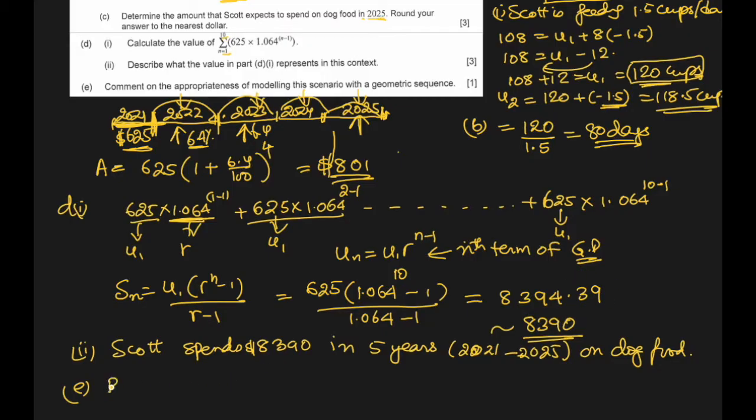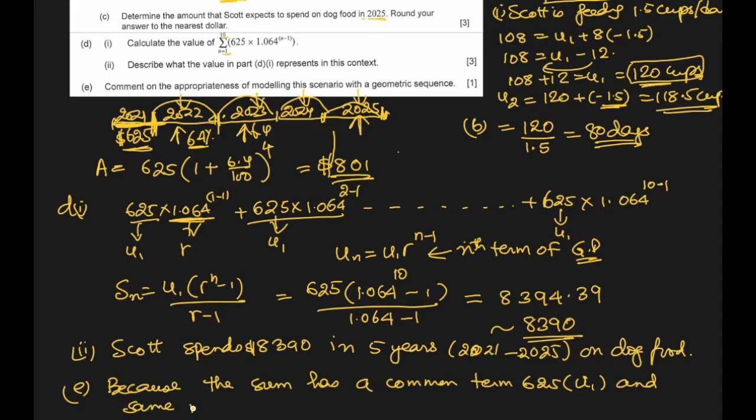So because the sum has a common term, $625, U1, and the same multiple, 1.064, with increasing exponent, that's why we can call it a geometric sequence.